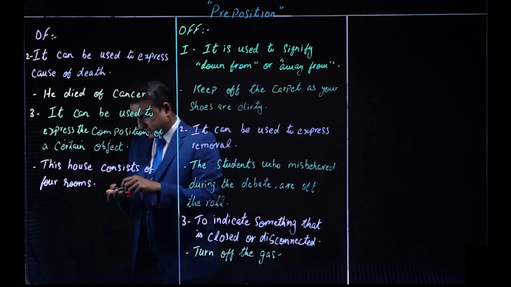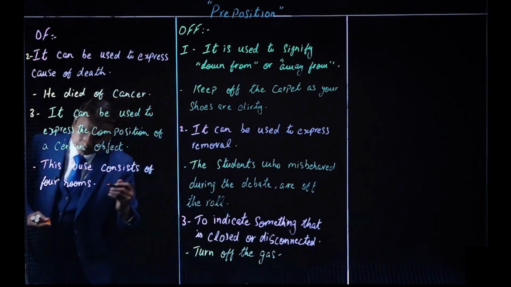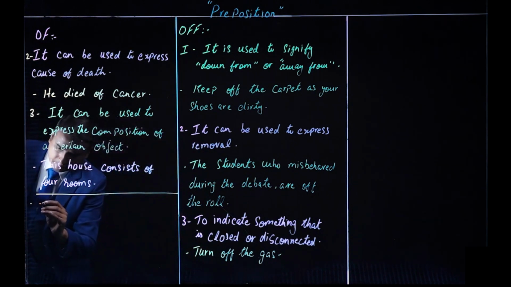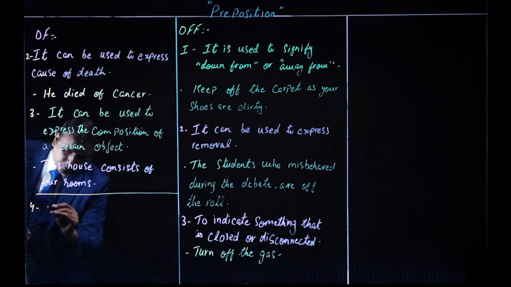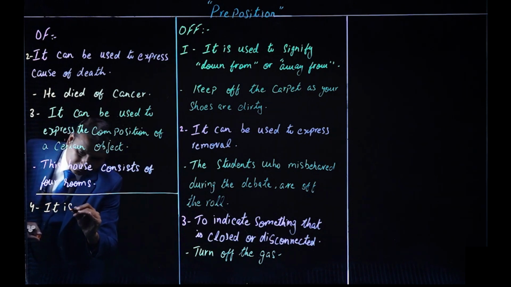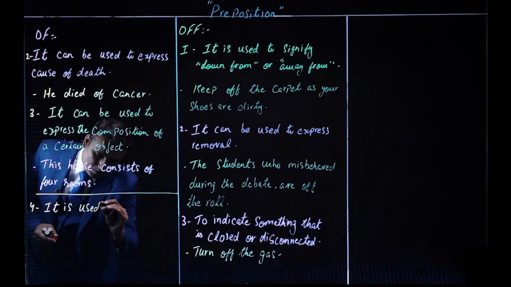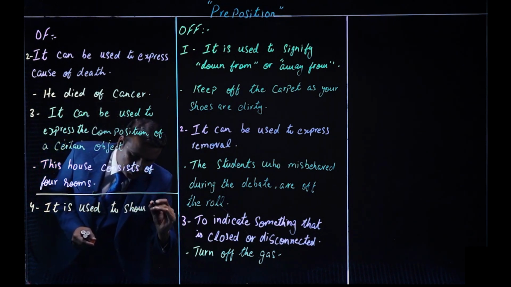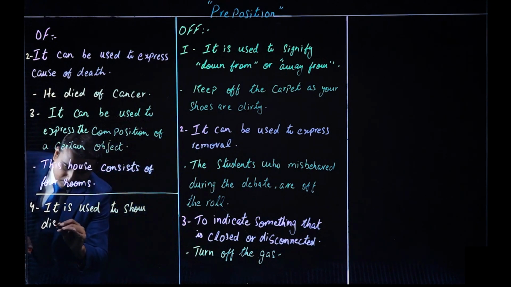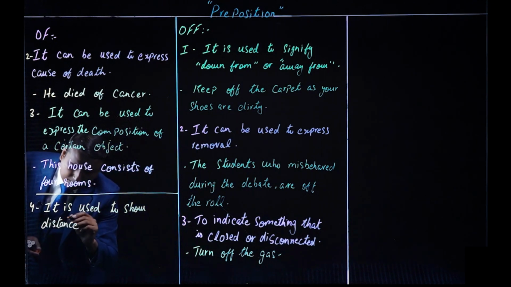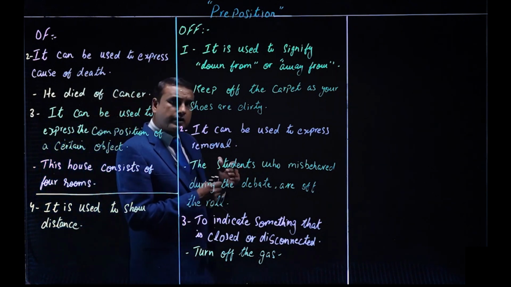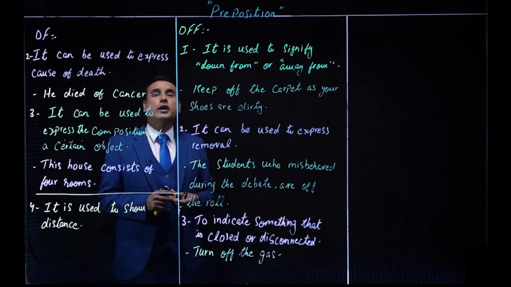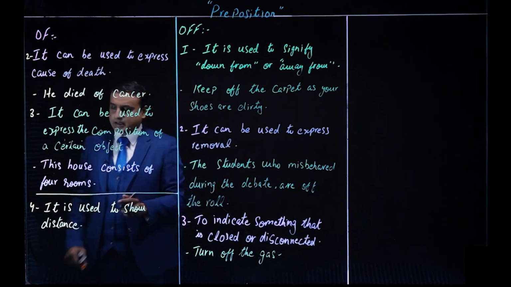And then, the fourth place it is used to show distance. डिस्टेंस जो है उसको शो करने के लिए भी हम यूज करते हैं. यू नो हमने कहा off-roading, रोड से हट के.